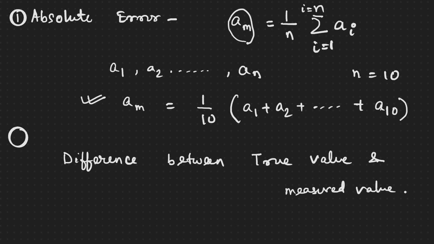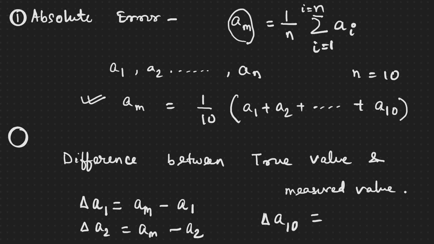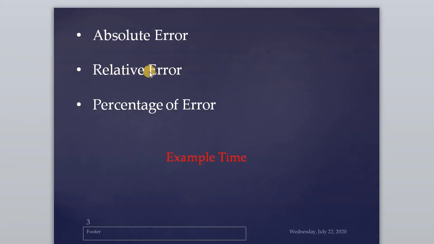I can put this as delta A1 equals AM minus A1. For A2 it will be different, AM minus A2. Similarly, delta A10 will be equal to AM minus A10.